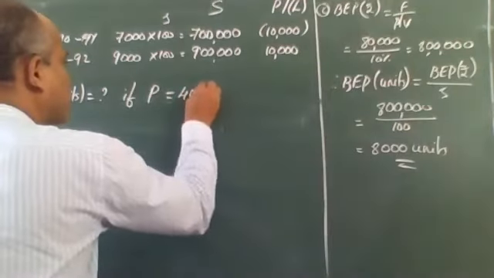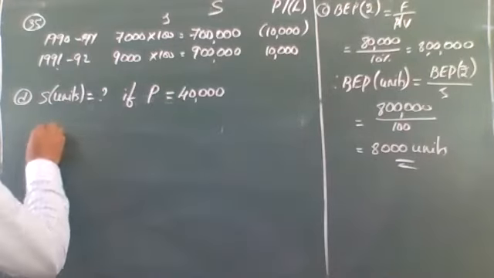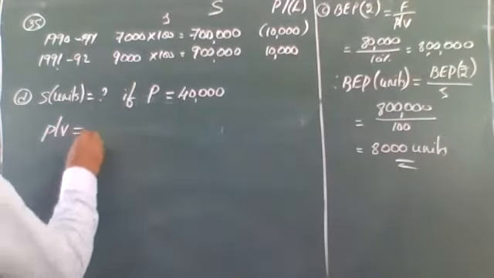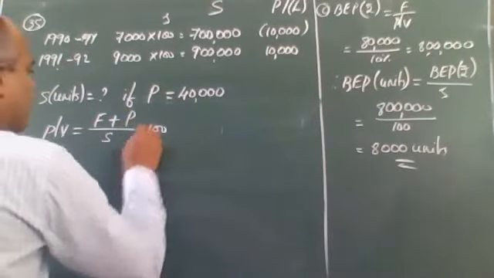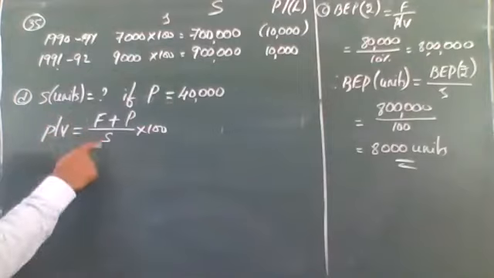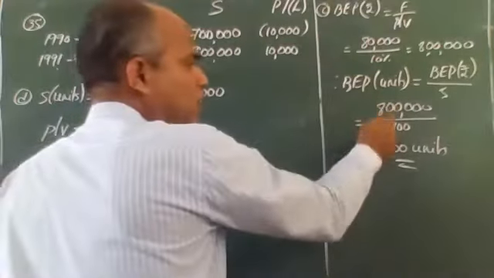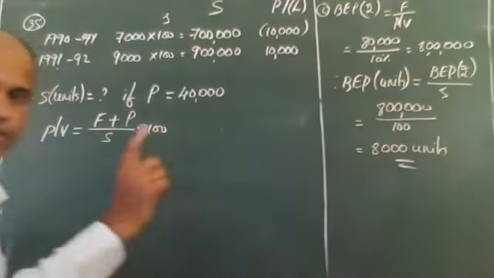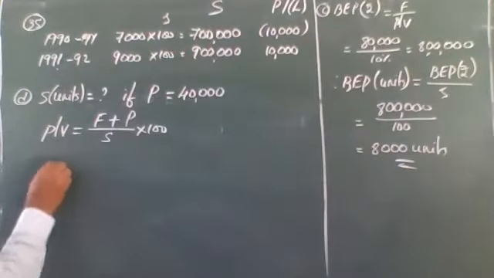You tell me, if I want a profit of 40,000, how many units should I sell? Now I will go for the missing information formula. PV ratio is equal to (F plus P) by S into 100. But I know this S is not units, it will be in rupees. So let us first find out rupees, because once you know rupees, you can divide by selling price to get units. So PV ratio, I know the PV ratio, the question says 10%.